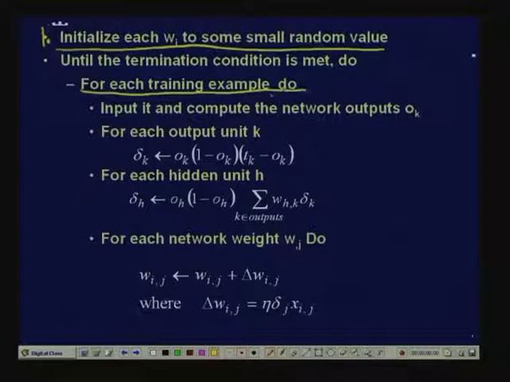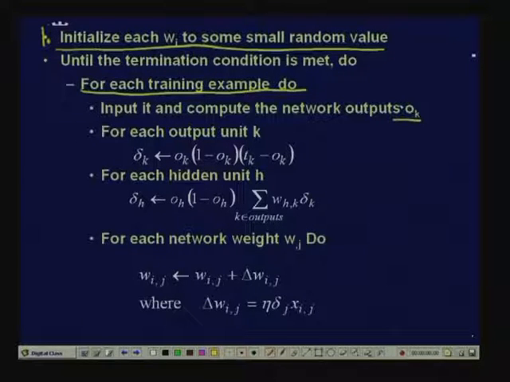We give them small randomly selected values. After that, we feed the training example to the network. For each training example, we input it to the network, and we compute the network outputs Ok for each output unit k.